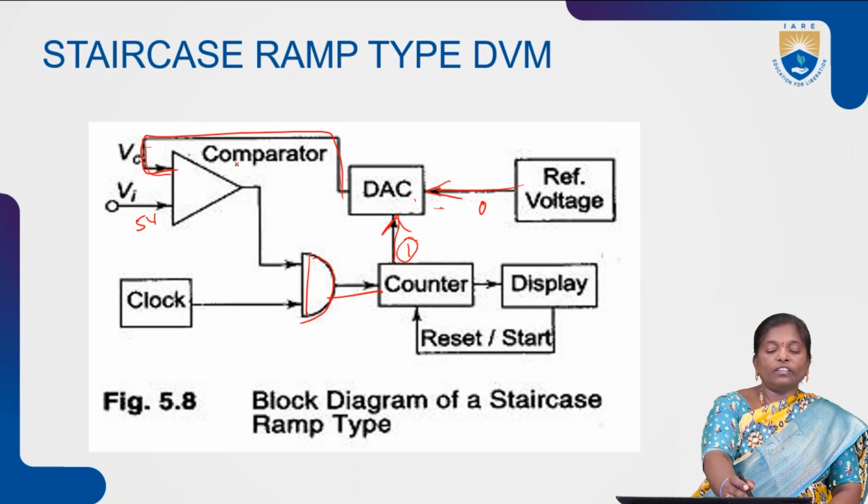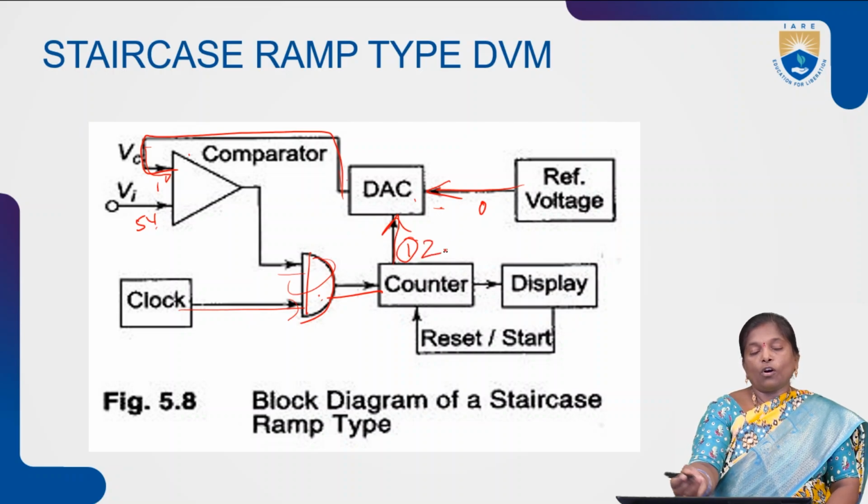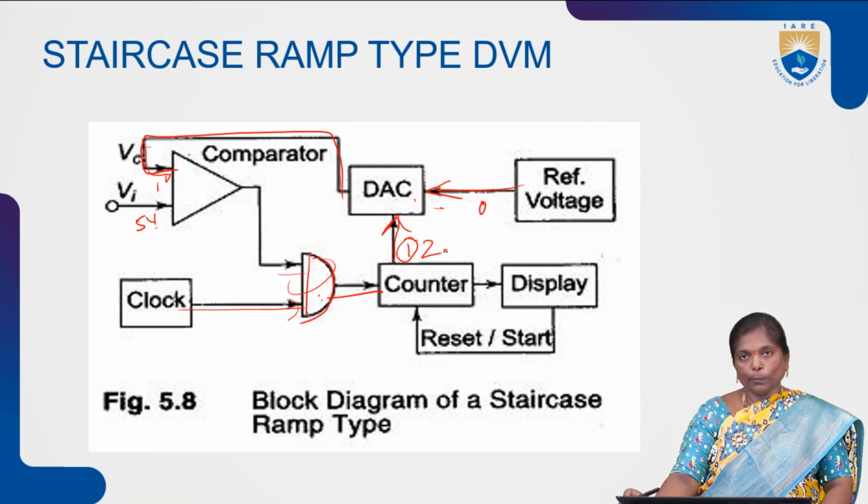Again, the comparator compares the input signal with the input coming from the DAC. If both inputs are not the same, it again sends information to the gate. Now a clock pulse passes through the gate and is counted by the counter. Now the count value is changed to 2.